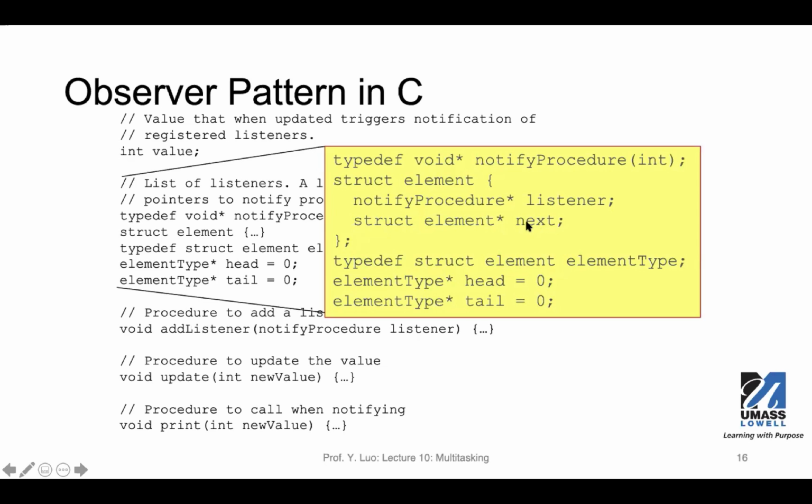If you're familiar with linked lists, I'm sure you took data structure courses or used linked lists before, you know this is how we build a linked list. We have the item in this node, and then we have a pointer to the next item. Sorry, a pointer to the next node on this linked list.